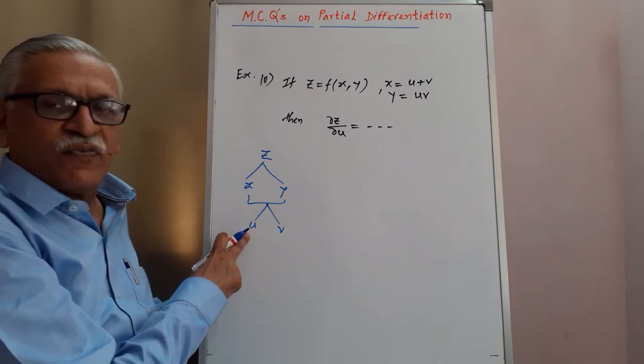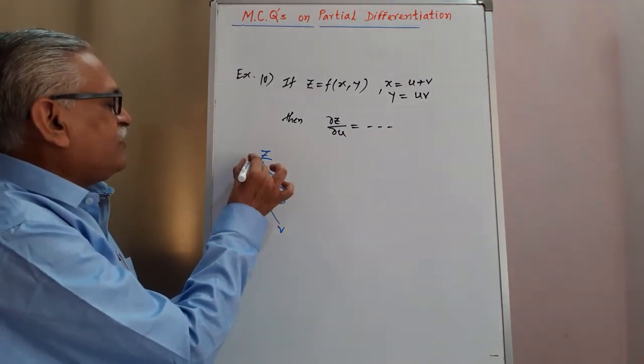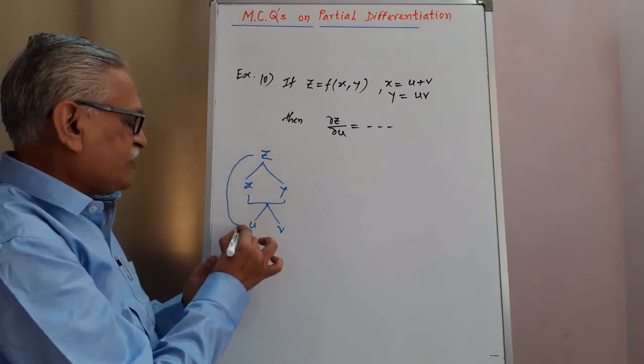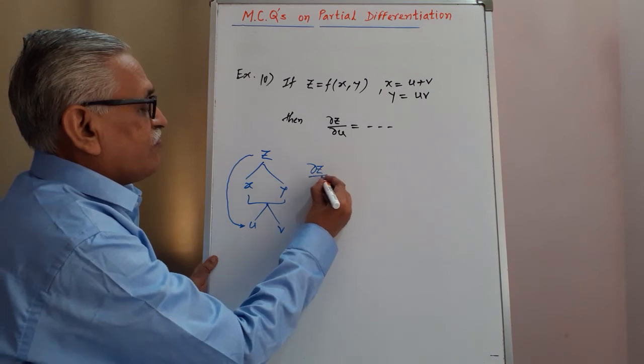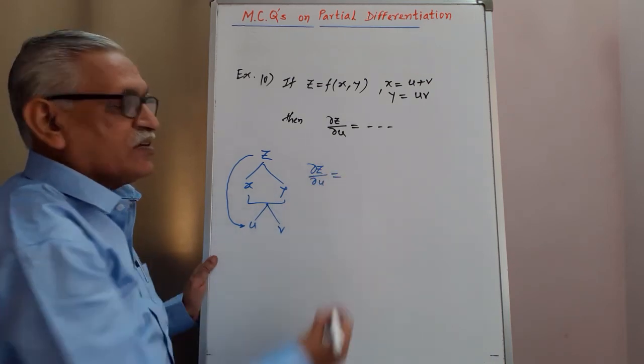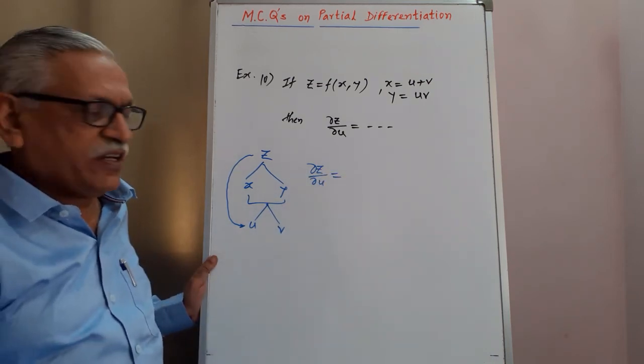but it is not directly a function of u. Therefore, to find the partial derivative of z with respect to u, directly we are not getting it.